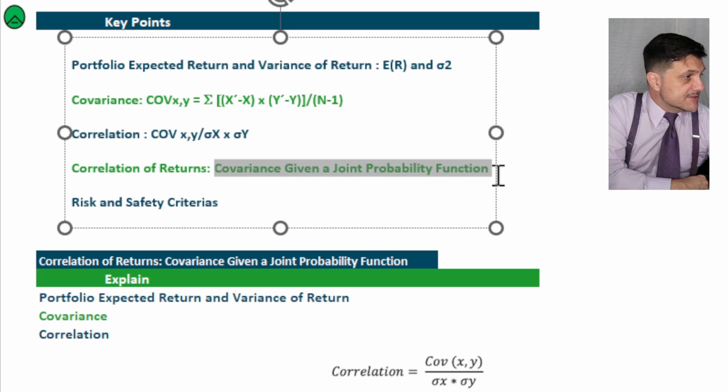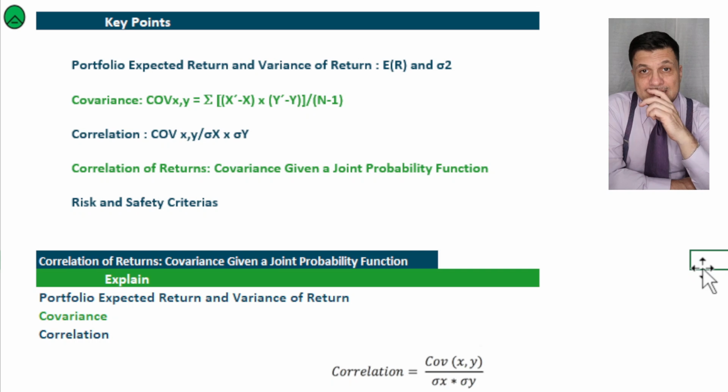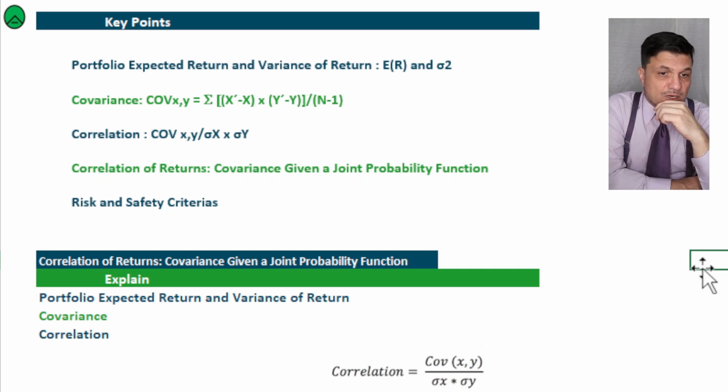Correlation of returns is important: covariance given a joint probability function. What it means is, like we said, the normal distribution, etc. This one I found maybe a little bit too much to face as a question. But you're going to have time to practice questions with correlation of returns in the normal distribution in the ecosystem.